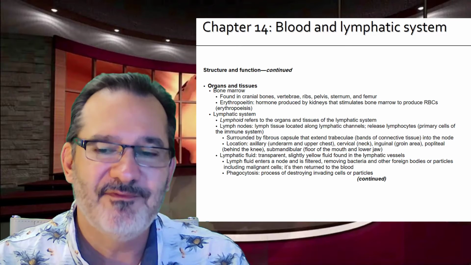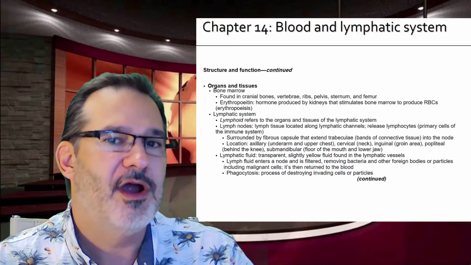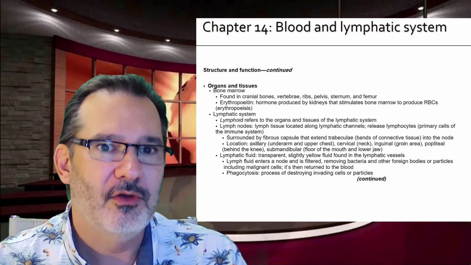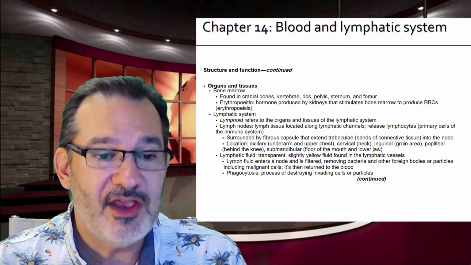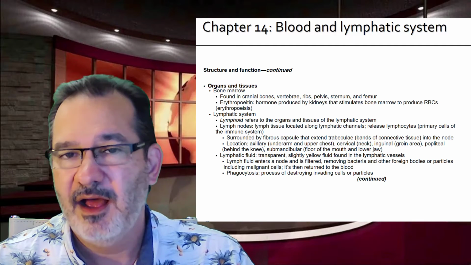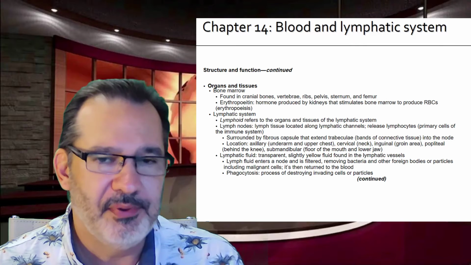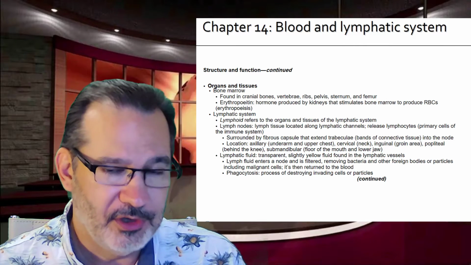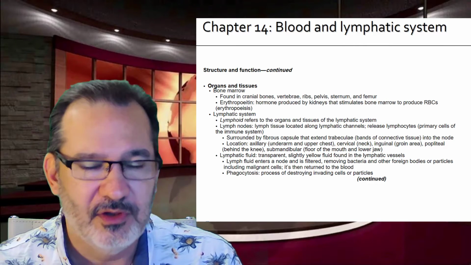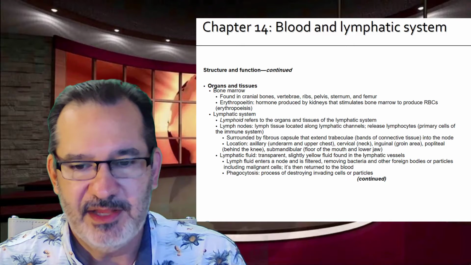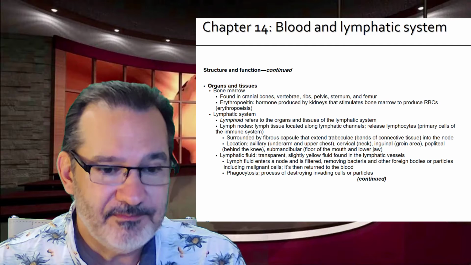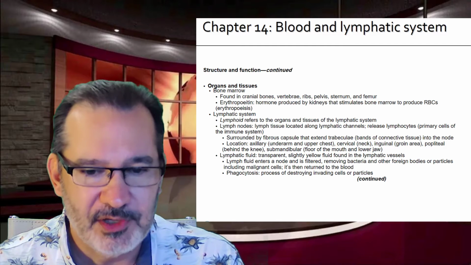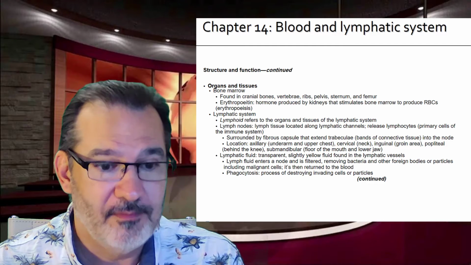They release lymphocytes, which are the primary cells of the immune system. It talks about the location of lymph nodes: axillary, under the armpits, inguinal in the groin area, cervical lymph nodes in the neck, popliteal behind the knee, and submandibular, the floor of the mouth and the lower jaw.